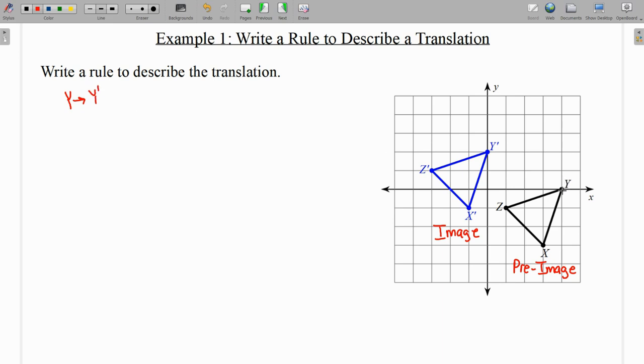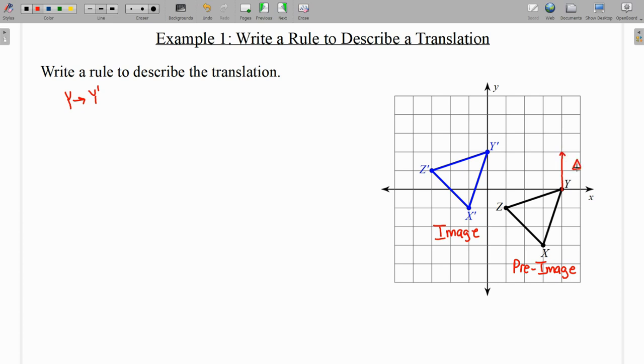So when we look at this, if we're going from our pre-image, our original image, to the Y prime point on our image, you'll notice that in order to go from Y to Y prime, we have either an up and down movement or a left and right movement. In this problem, I had to go up 2 units.